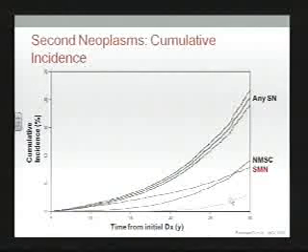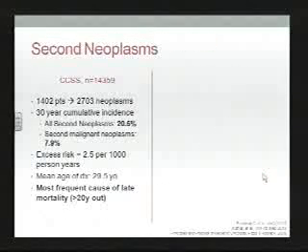We see here, however, secondary malignant neoplasms, not including non-melanoma skin cancers, approach close to 9% incidence. When we look at the data from the Childhood Cancer Survivorship Study, about 1,400 patients developed 2,700 cancers.